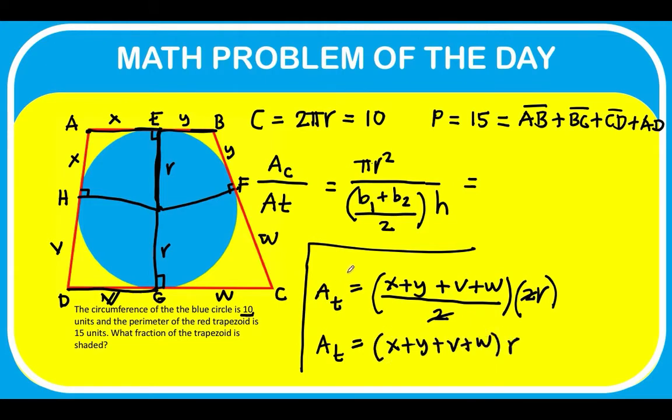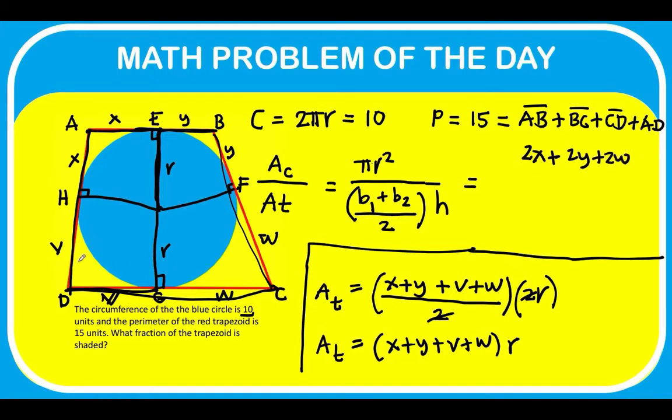times r. But what is the value of x plus y plus v plus w? Notice now that the perimeter of the trapezoid is the sum of all these distances. And what is the sum of those? You have two x's, you have two y's, you have 2w, and you have 2v. And this is equal to 15.